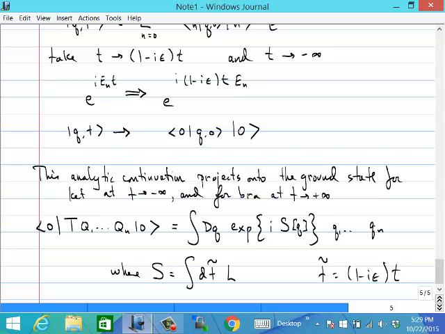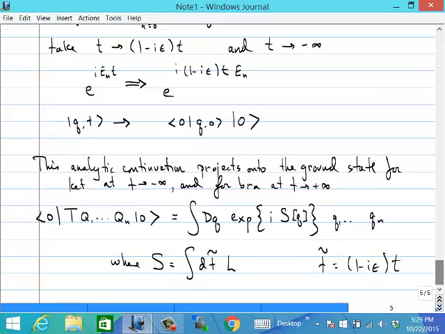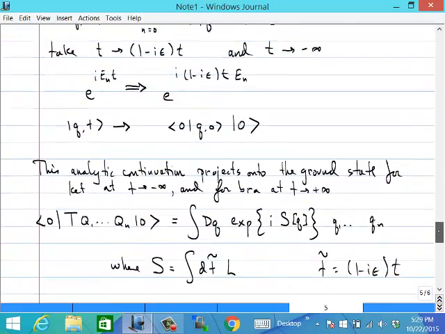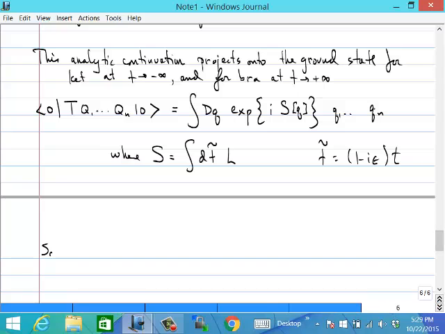Good. Maybe I'll make one more comment, sort of to introduce you to some language. So sometimes we take this analytic continuation procedure to its natural logical conclusion. And in particular, you can take t tilde to be i times t.